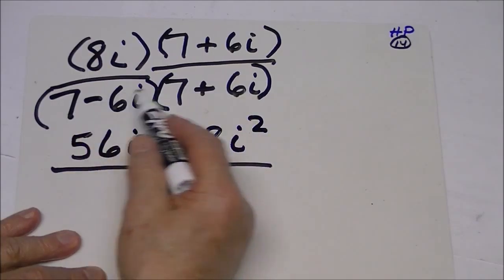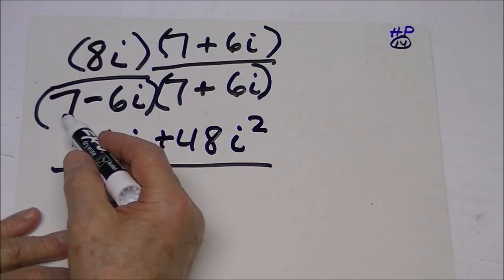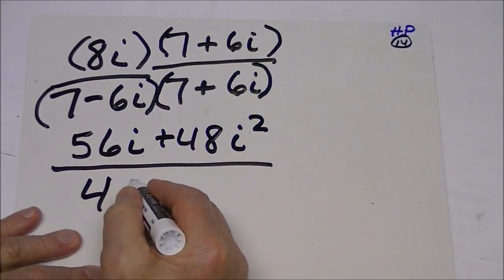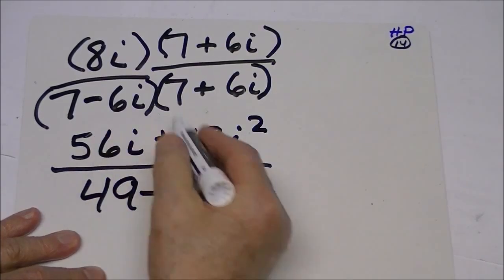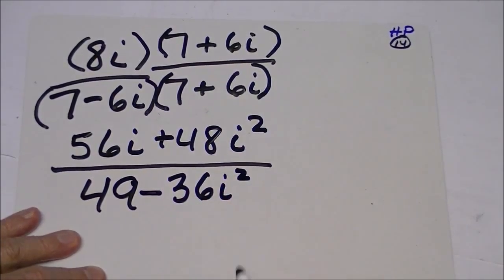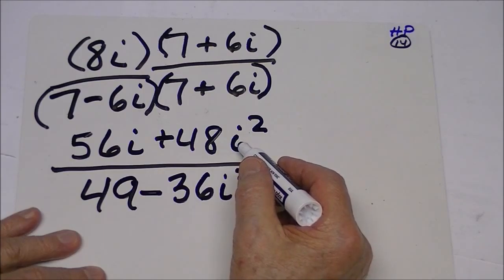Let's FOIL our conjugates here. The middle terms cancel out, so it's 7 times 7 is 49 minus 36 i squared. And again, now we could deal with the i squareds.